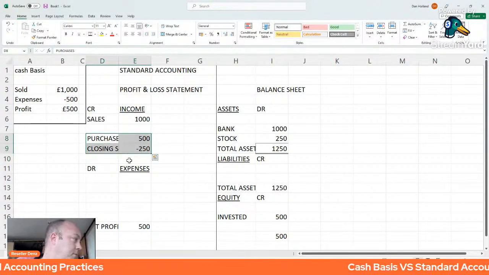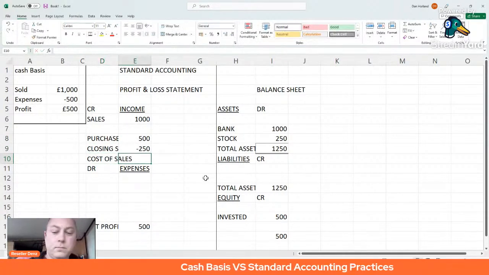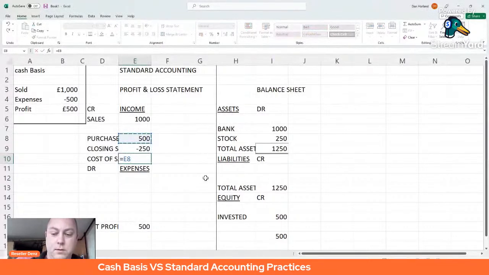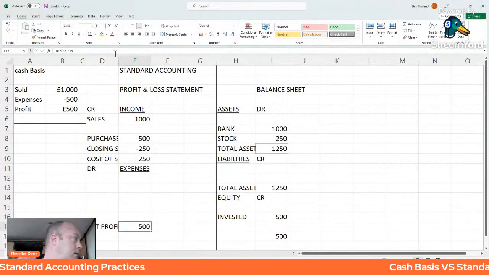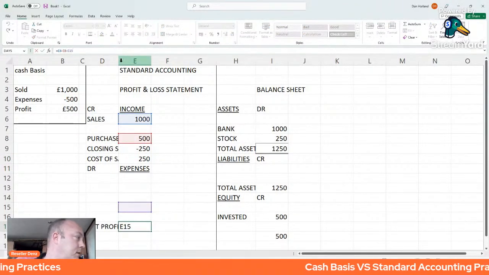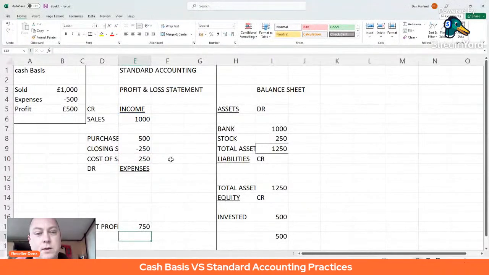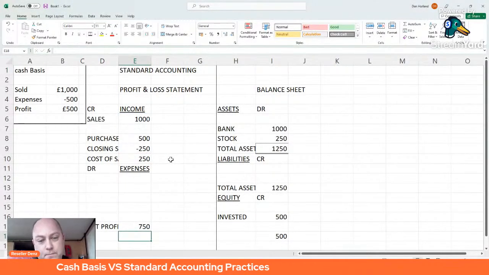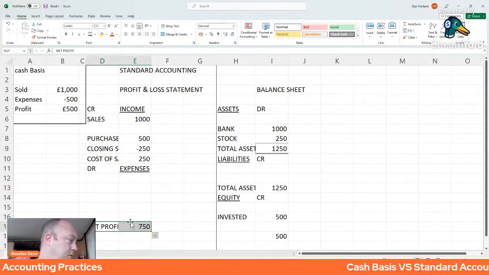So if we put that up there, cost of sales equals that plus that. So our net profit is going to be £750. Right? 750 quid. Move that up because my head's in the way, isn't it?